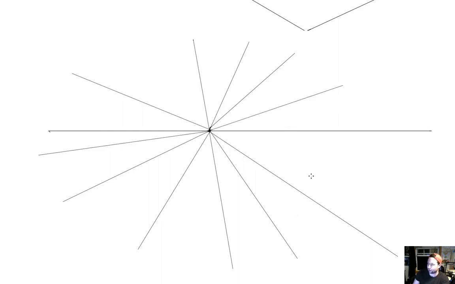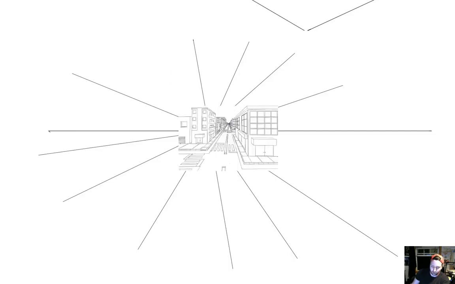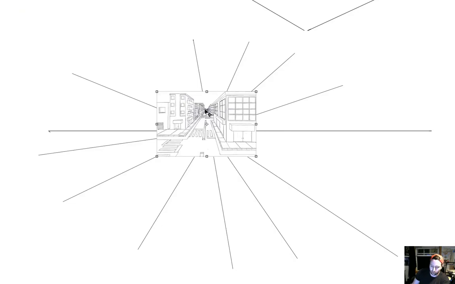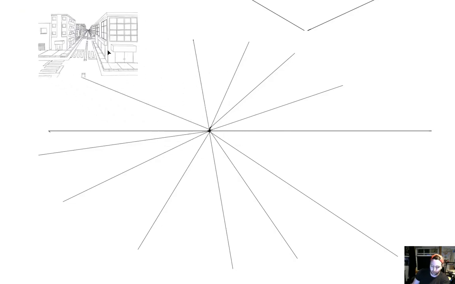If you just go to Google and search 1-point perspective, you can see some really good examples. Like here's the first example on here. And here you can see there's 1 point of perspective and everything kind of caters to that. It all points to that spot.